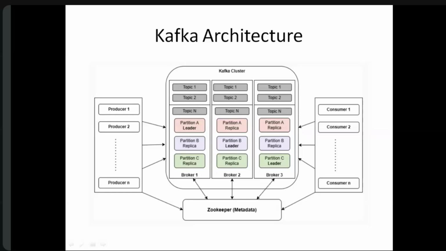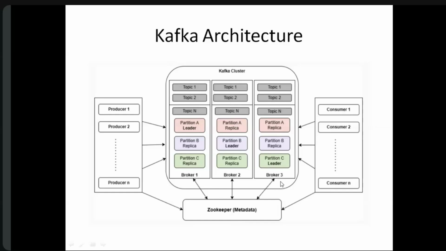Okay. Let's go ahead further. So this middle part of the diagram is clear to you. Next, the bottom part is zookeeper, which is very, very important. Zookeeper is kind of a manager of the Kafka cluster.